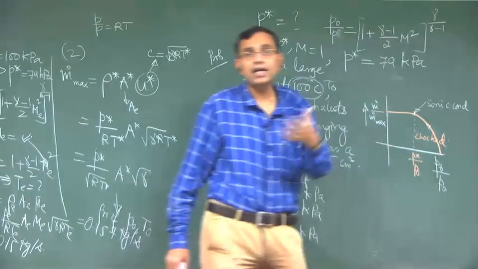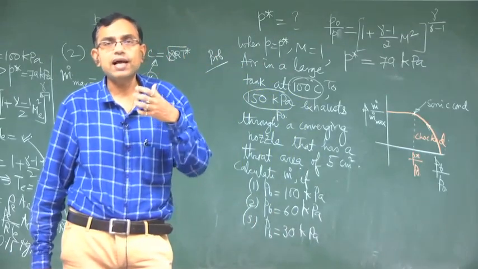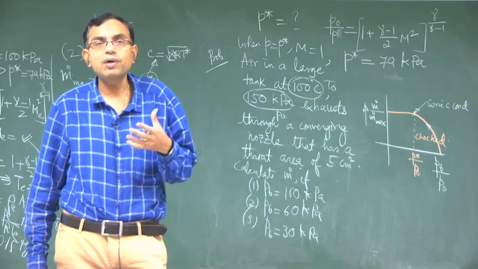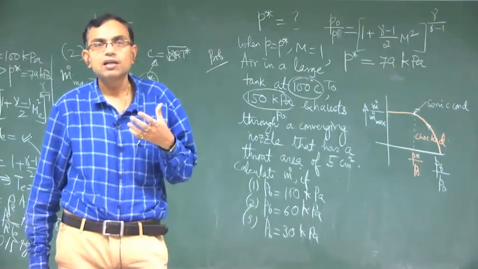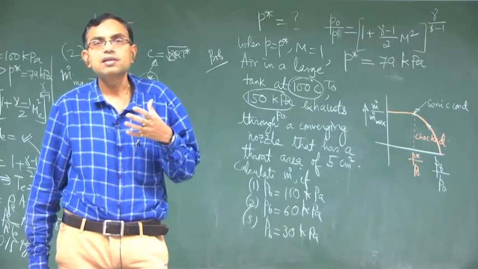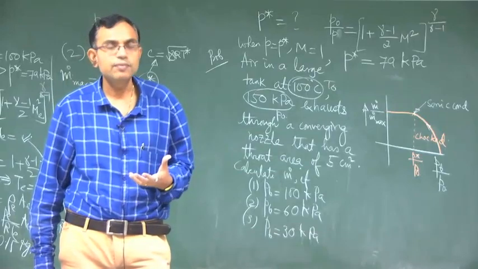But if you want to get a higher level of acceleration, that means you want to accelerate the flow to a higher velocity, then what is required is a converging diverging nozzle. We will discuss the need of the converging diverging nozzle and its design and off-design conditions in the next lecture. Thank you very much.